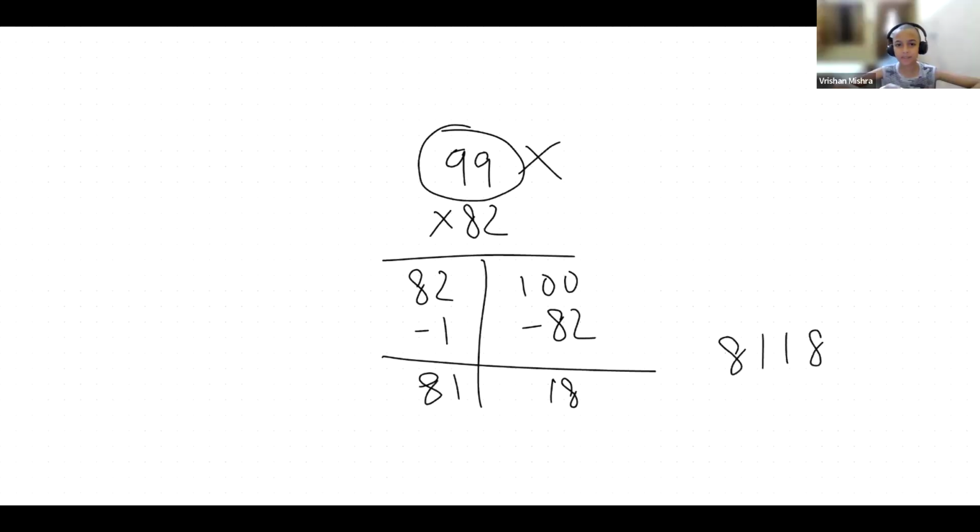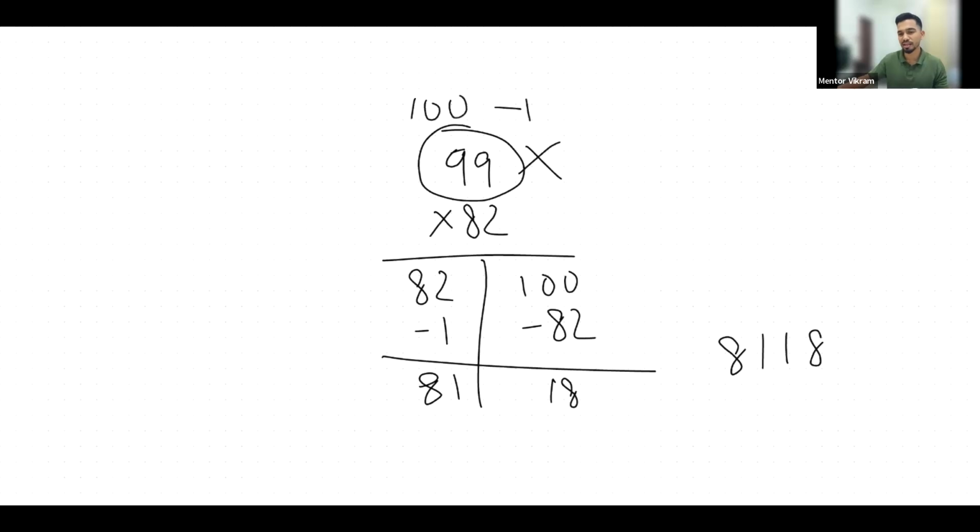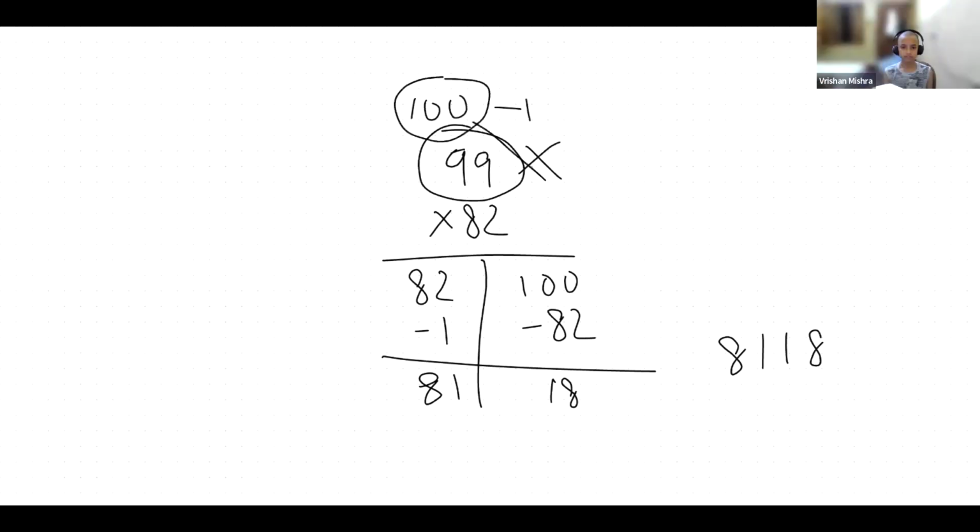So this method is only for the numbers multiplied by 99. If one of the numbers is 99, only then we'll use this method. If you find it difficult to remember, because 99 is 100 minus 1, that is why we use this 100 on the opposite side, this minus 1 again on the opposite side.